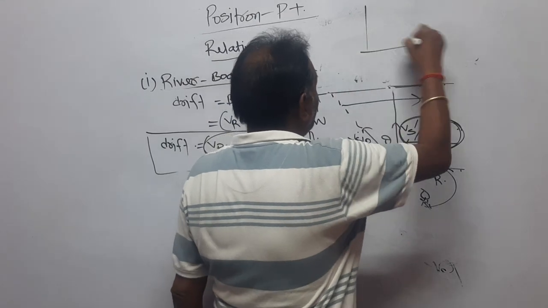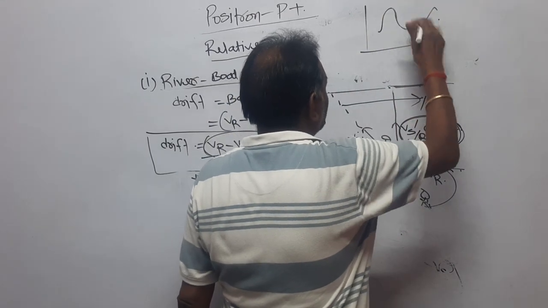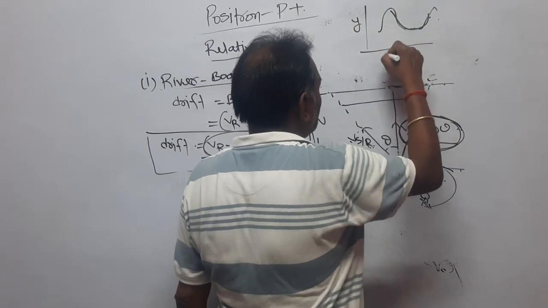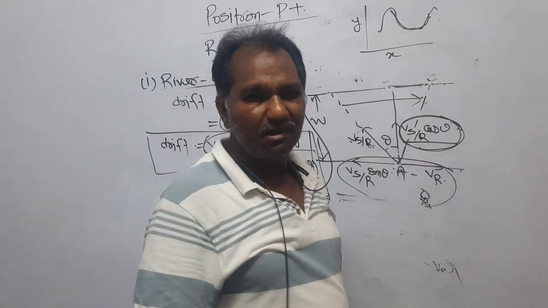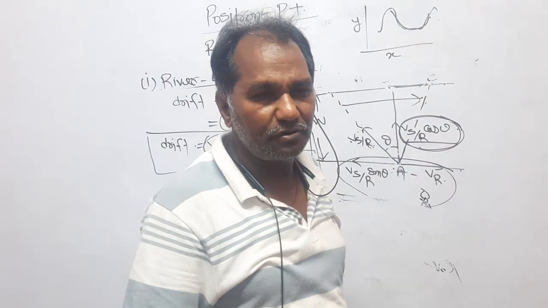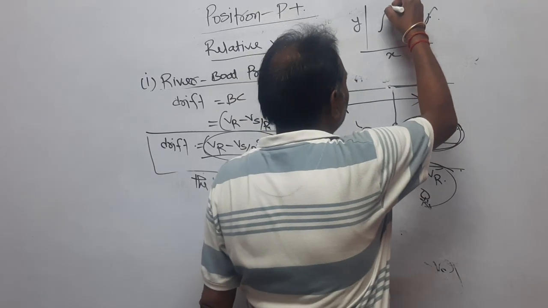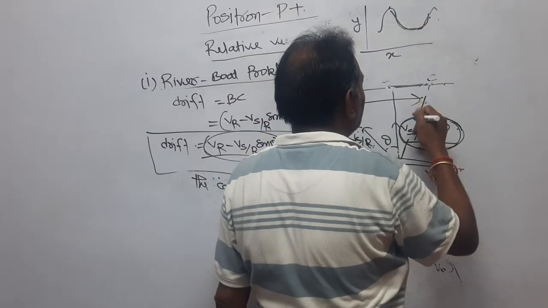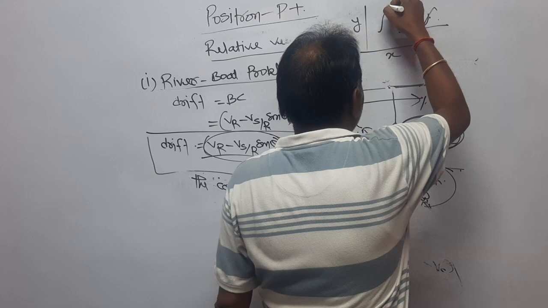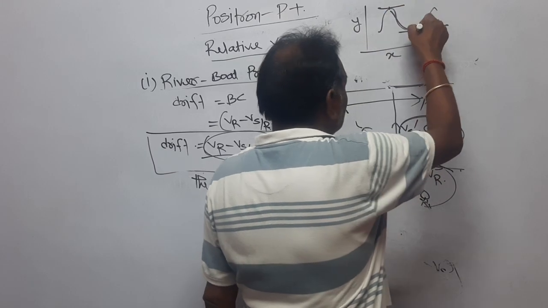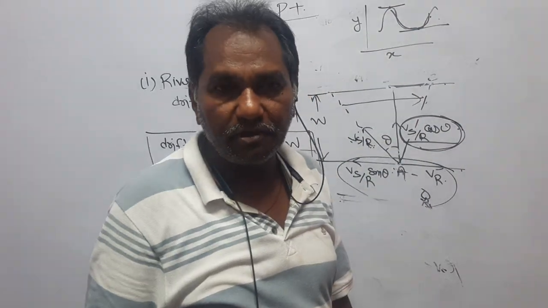if a graph is plotted between y and x, and I ask you where the maxima and minima are in the graph, this is representing maxima, this is representing minima. And if you draw the tangent, both tangents are parallel to x-axis.